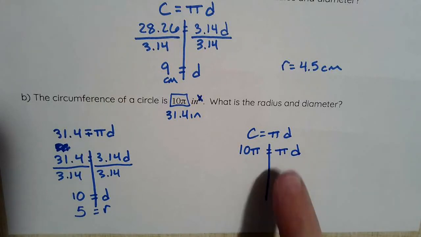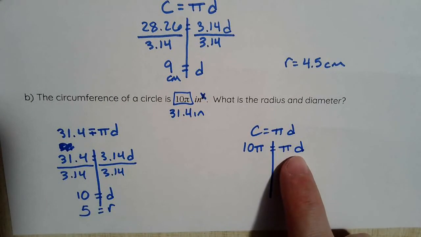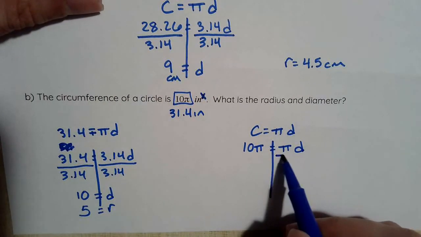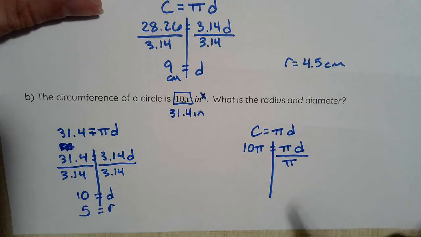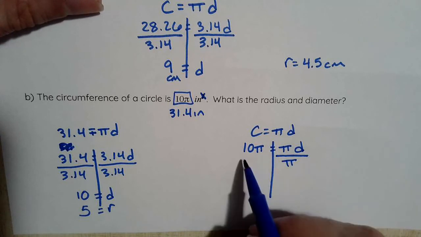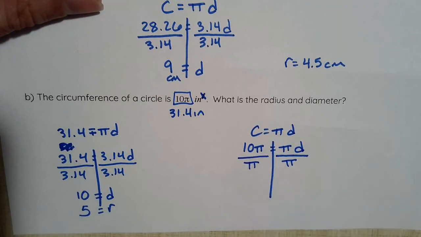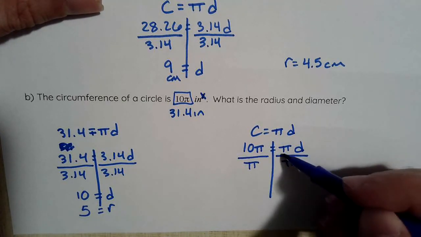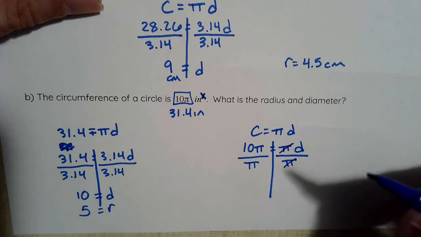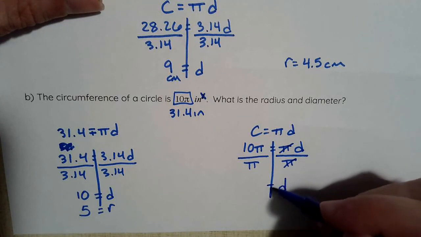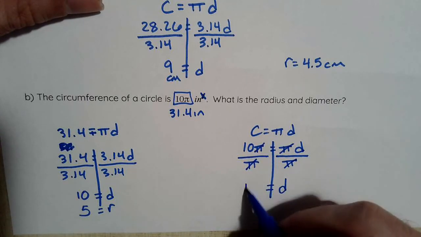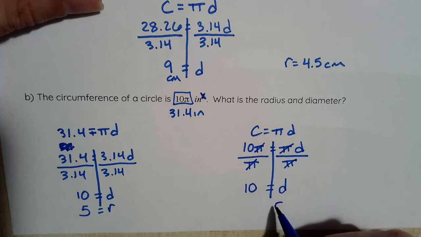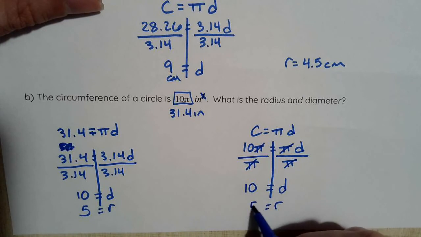Now, I still want to get diameter by itself, so we're going to divide by pi, but we're just going to write the pi symbol instead of 3.14. On the right side, the pi symbols will cancel out, leaving us with diameter. On the left side, the pi symbols will cancel each other out, leaving us with 10. Diameter is 10, radius is 5.